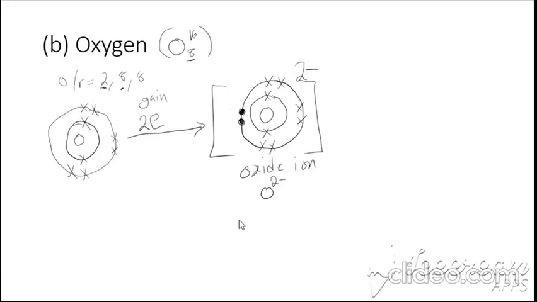And then the electronic configuration, this just means that it's gaining 2 electrons. So the electronic configuration for this oxide ion, first you will have 2 electrons, second 8. But let's come to this, we call it what? Oxygen atom. So this is an atom, and then the symbol is just O, like that.